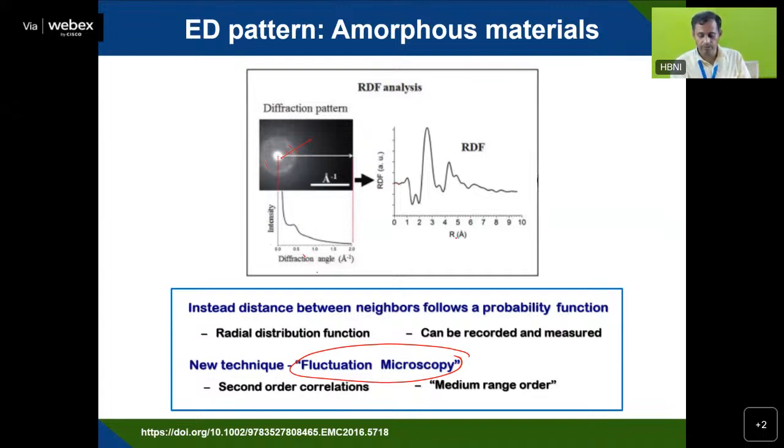If you plot it against radius in angstrom, from the fluctuation you get peaks, showing how the radial distribution function can be recorded and measured. You can get some medium range ordering or second order correlation using this new technique, fluctuation microscopy, which is part of newer TEM microscopes.